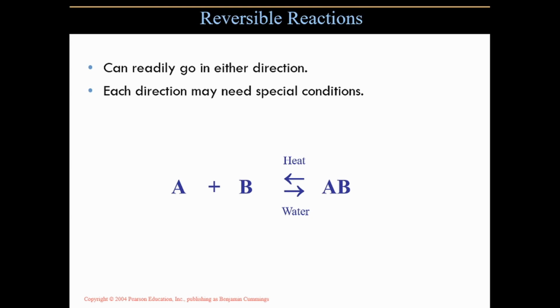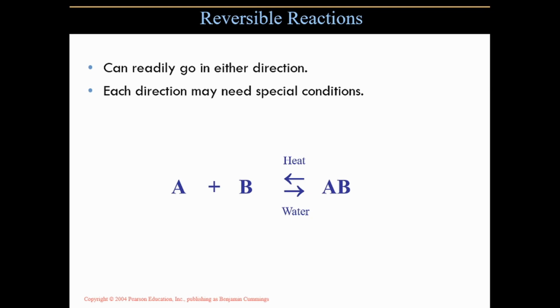And our final slide for this part are called reversible reactions. We'll look at these. They can readily go in either direction, and each direction may need special conditions. So you can have A plus B, a synthesis reaction or an anabolic reaction, making the product AB.